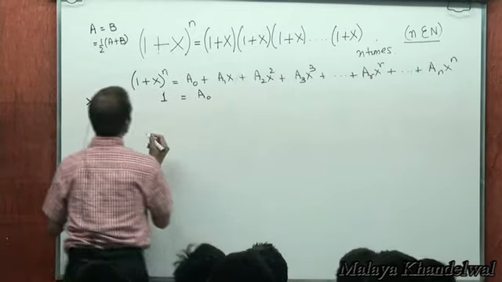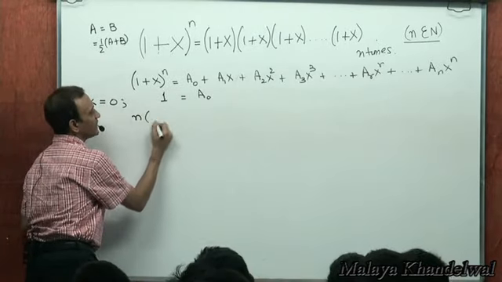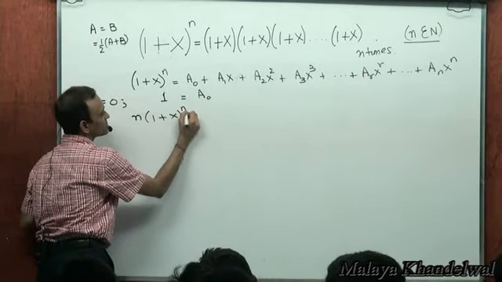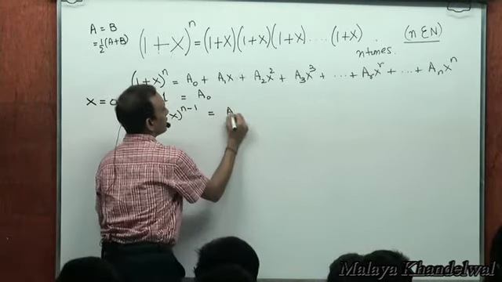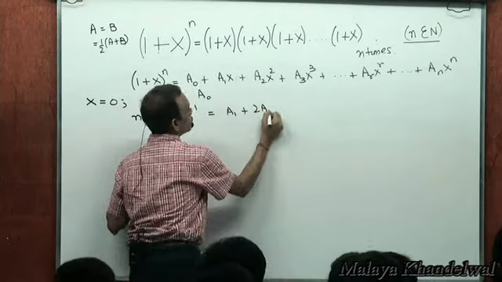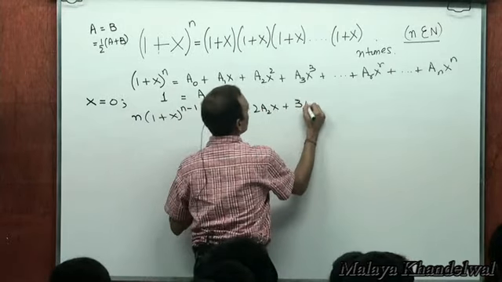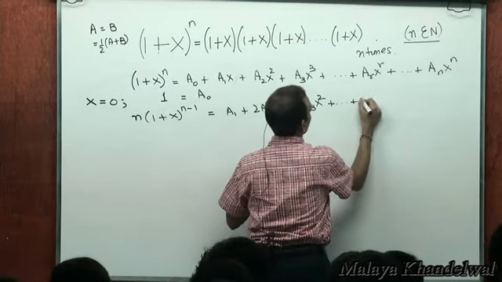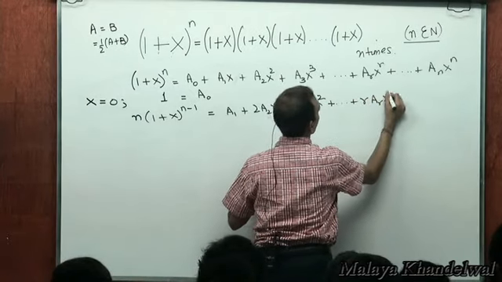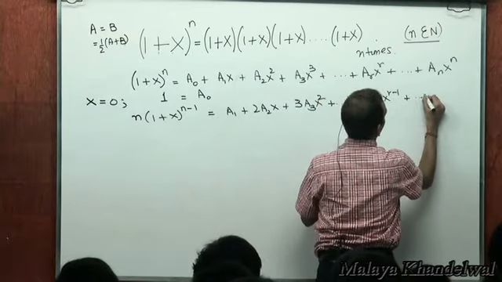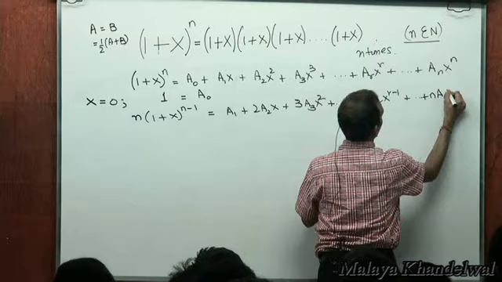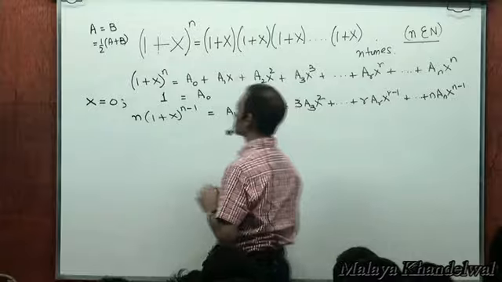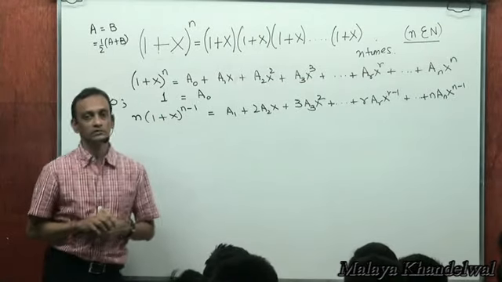So when I differentiate both sides with respect to x, then I get n into 1 plus x power n minus 1 equals a1 plus 2a2x plus 3a3x squared plus rar x power r minus 1 plus nan x power n minus 1 is what I get, right?